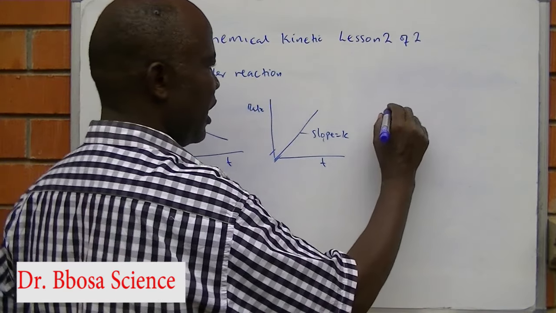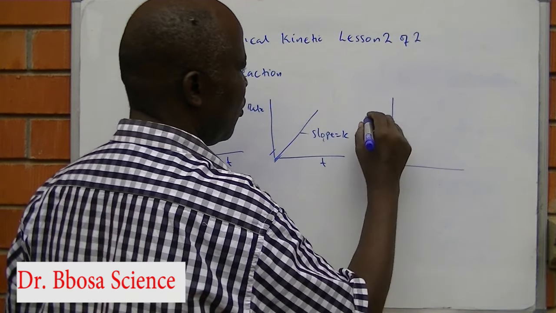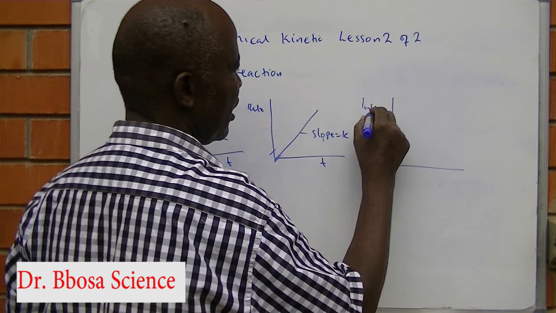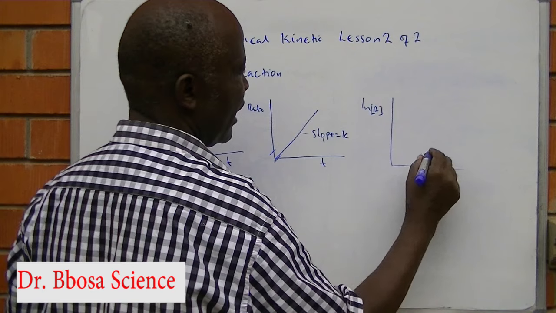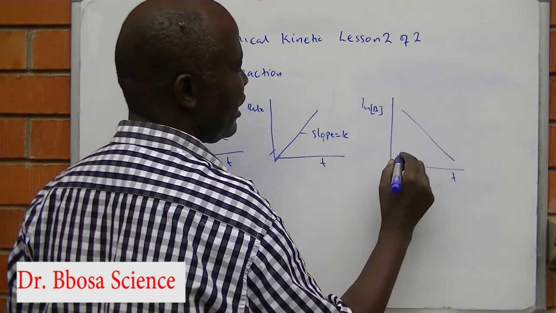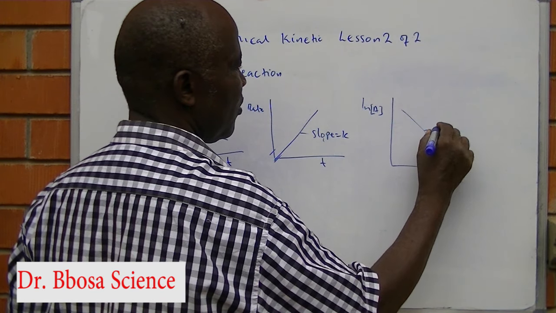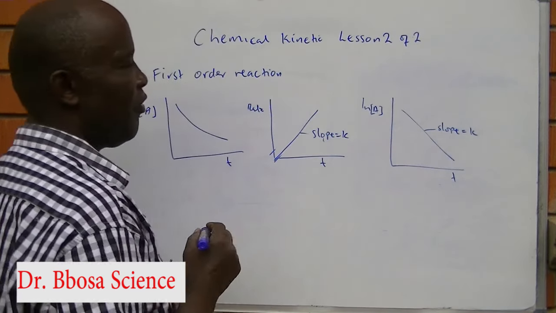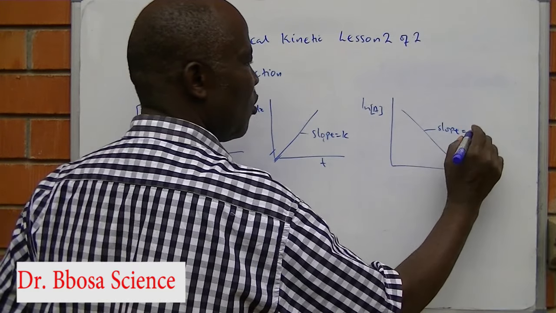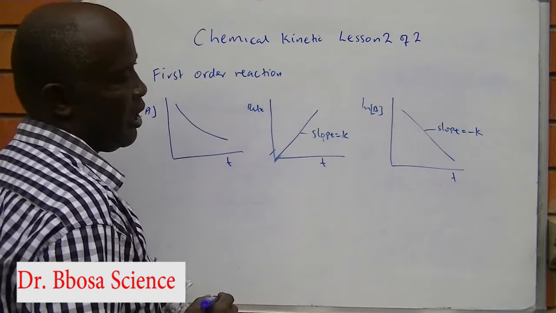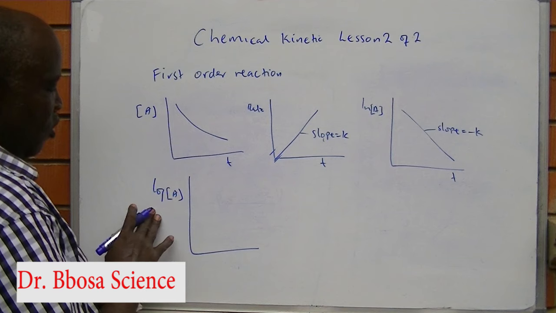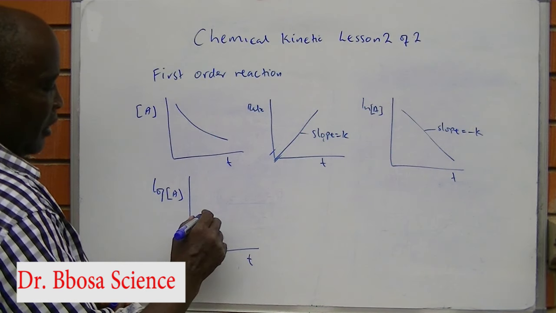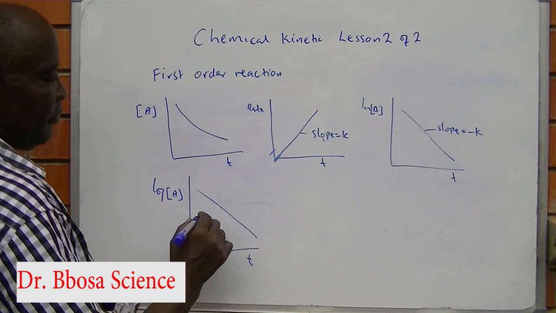Or when you plot a graph of natural log of concentration of A against t and you get a straight line, again we conclude that the reaction is a first order. Or when you plot a graph of log concentration of A against t, we get a straight line.